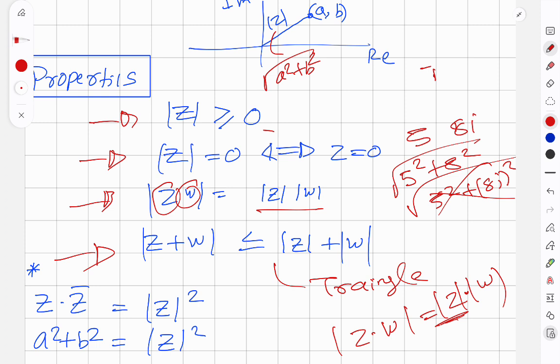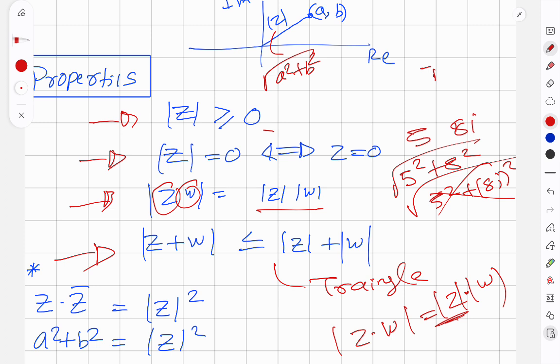So this is 5 squared plus 8 squared multiplied by 6 squared plus 9 squared. After solving this, will we have to re-add the iota? No. It's a property: the modulus of a product of two complex numbers is the same as taking the modulus of each one and multiplying them.